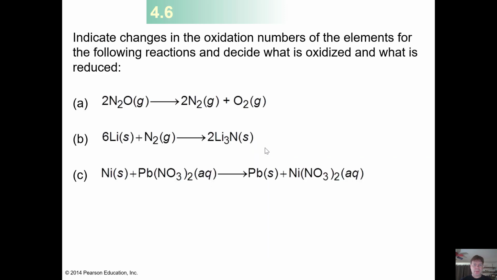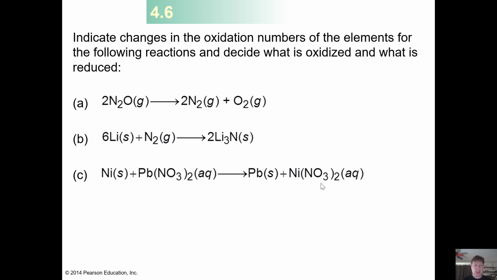Okay, so one more. Here we have a lot going on. It looks a little bit more complicated than what we saw before. I'm going to tell us how we can simplify this a little bit. We don't have to assign every single thing here because we'll notice that the nitrate here and the nitrate here are the same. They're the same thing.